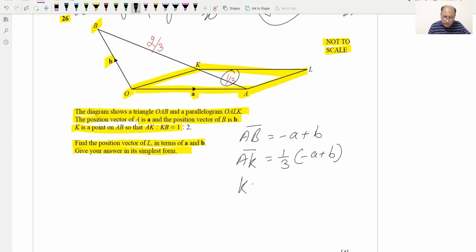And KB vector will be equal to 2/3 of minus a plus b. This is what we have taken from whatever we have explained.